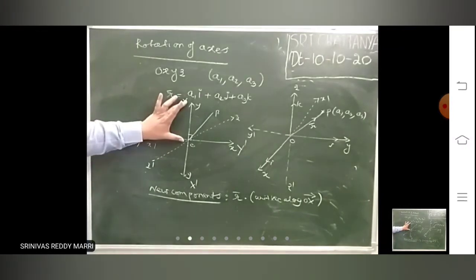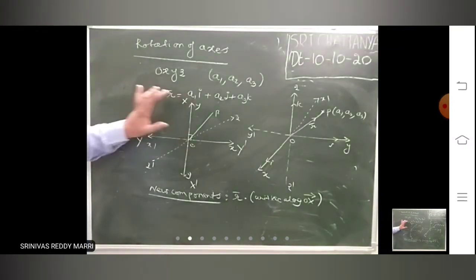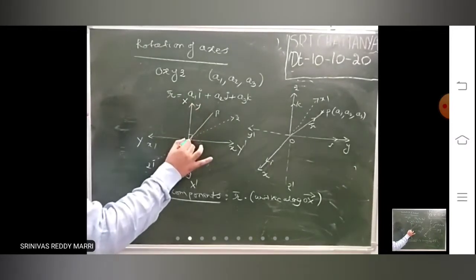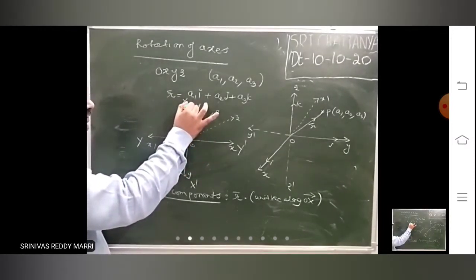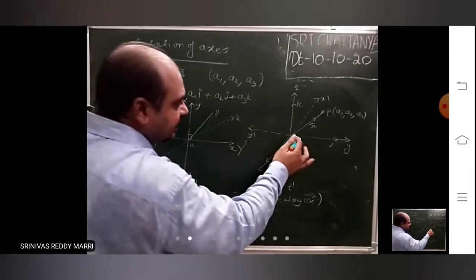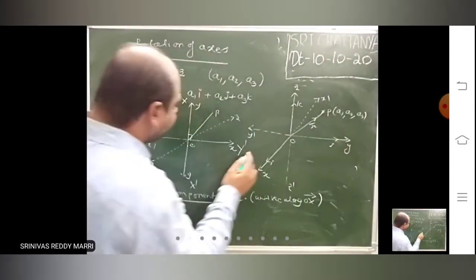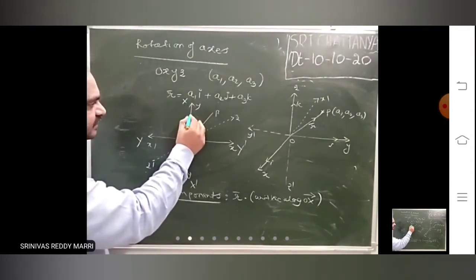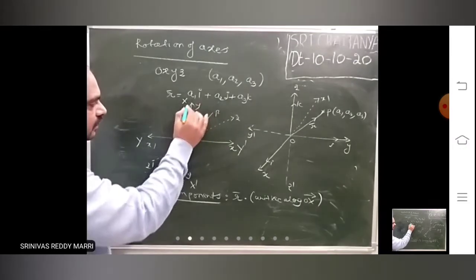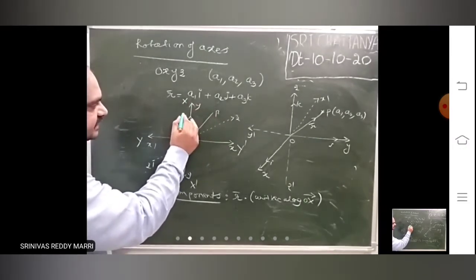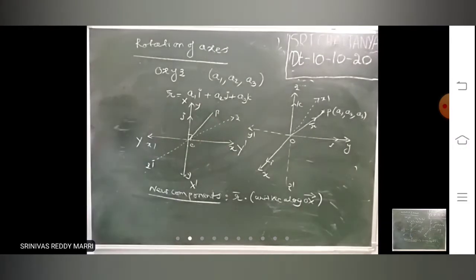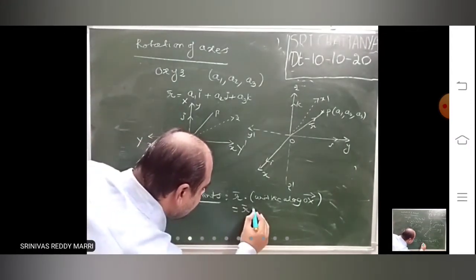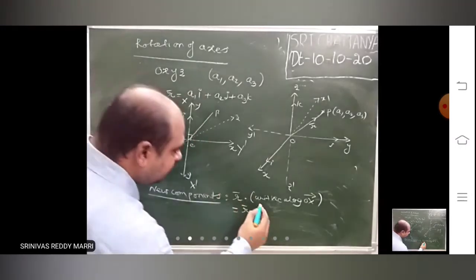Now what is the new x-axis? The new x-axis is nothing but the old y-axis. Along OY, what is the unit vector? j. That means this new OX coincides with OY. In the direction of OY, the unit vector is j. So in the direction of the new OX, the unit vector is also j: r bar dot the unit vector along OY.